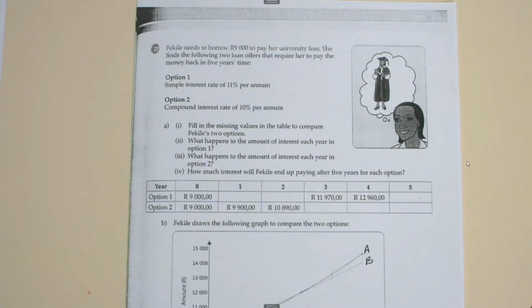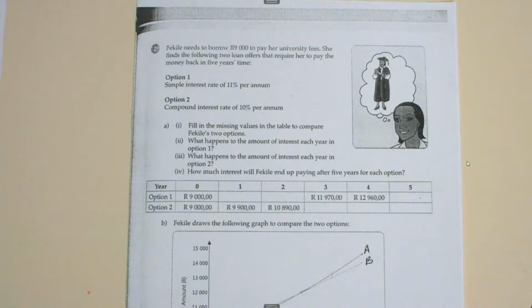No, it's not at 0. It shows that 9,000 is the money that Fikile borrows from the bank for university fees, meaning that this 9,000 has not yet grown because the interest has not yet been calculated, because this money has to be paid after 5 years, and the interest is compounded per annum.